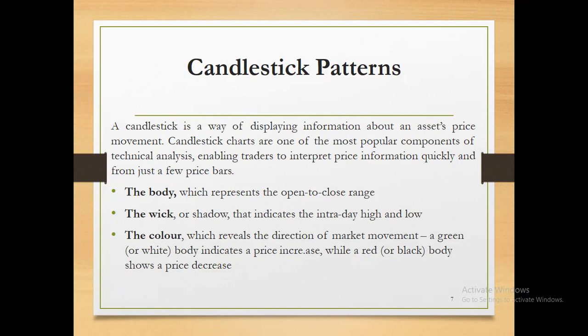So those areas will be represented by a wick, and we have the color. Some people use green, blue, and white for bullish candles, and they use red, black, and maybe other colors for bearish candles. But generally you see white or green for bullish and black or red for bearish.